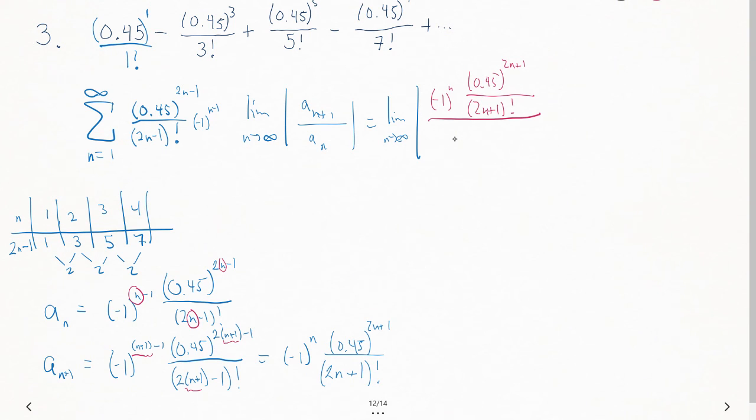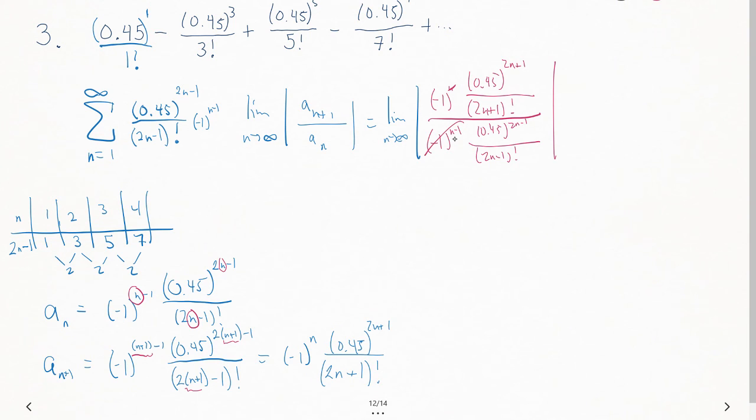We have a -1 to the n minus 1, and we have a 0.45 to the 2n minus 1 over 2n minus 1 factorial. A lot of stuff going on there, right? But the -1 to the n minus 1, you have -1 to the n, and so this will cross off. All you're left with is a -1.